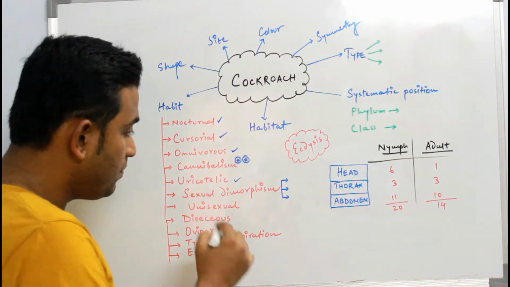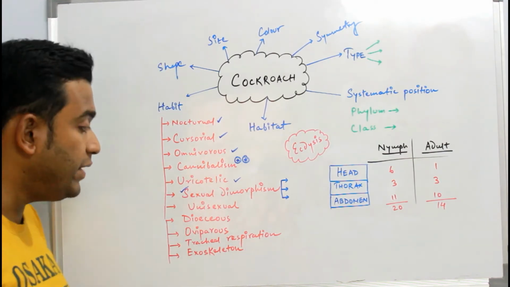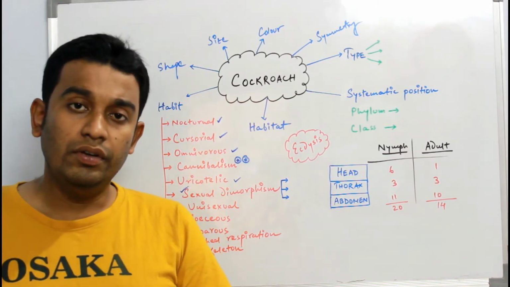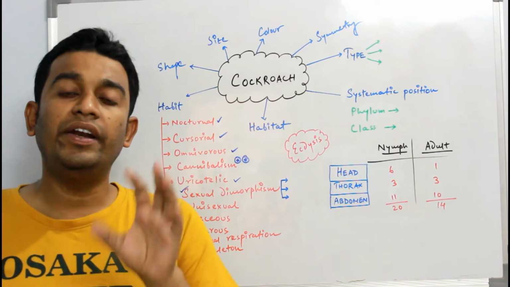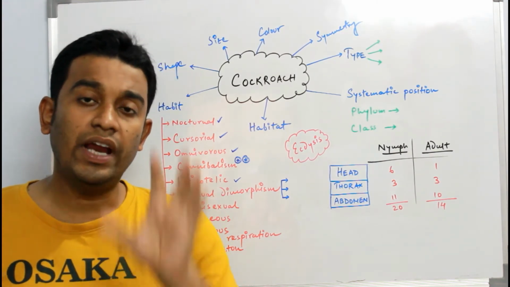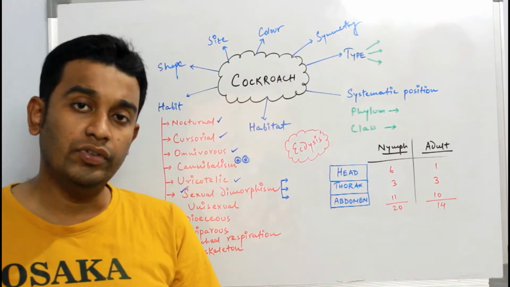Then one of the most important points here is the sexual dimorphism. What does that mean? It means that by looking at an individual, we can easily say whether that individual belongs to male or female just by looking at the physical appearance. That is what you call sexual dimorphism.